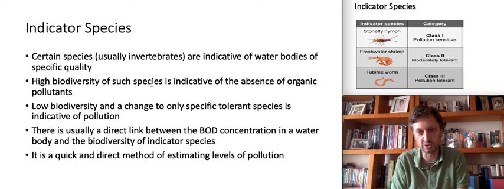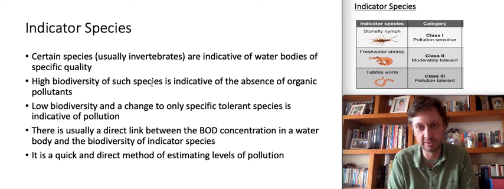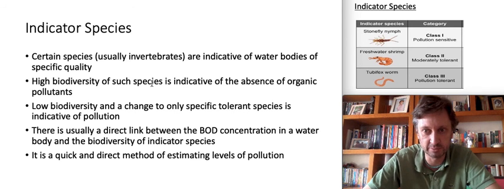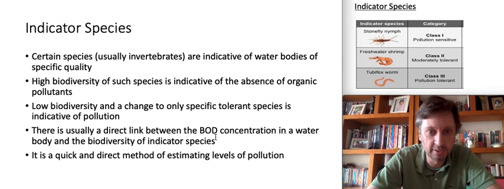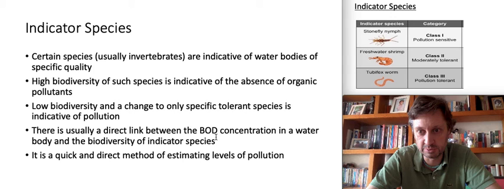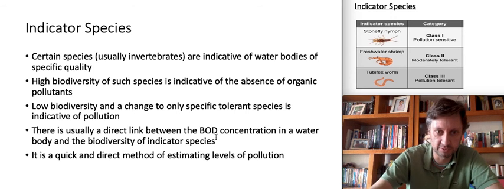If the biodiversity is low, that means the only species present in your water are species that are very tolerant of the pollution that's causing the biodiversity to decrease. There's usually a direct link between BOD concentration and biodiversity of indicator species. You can link one to the other.